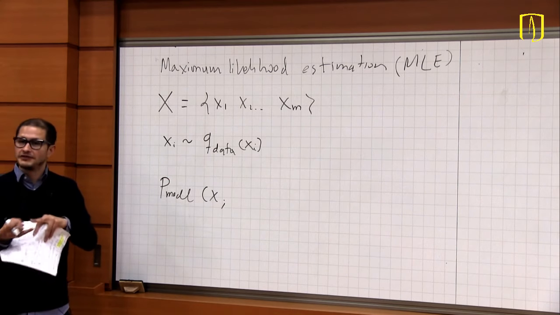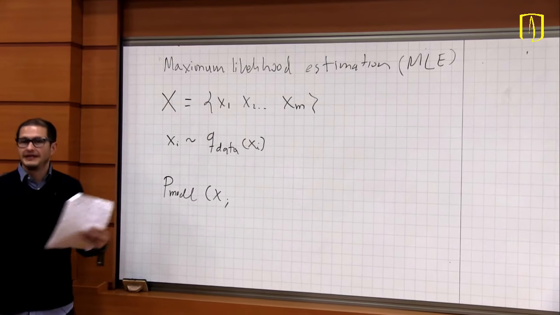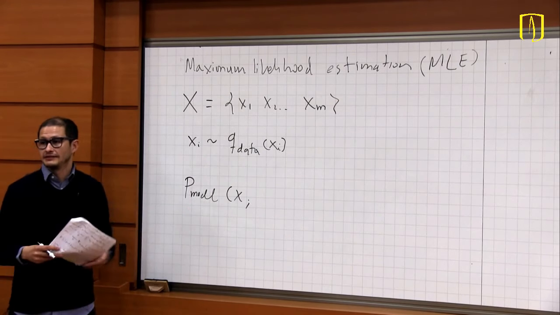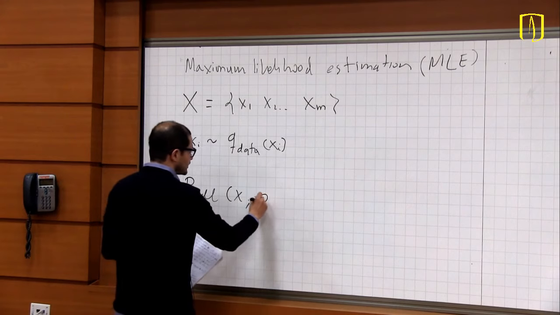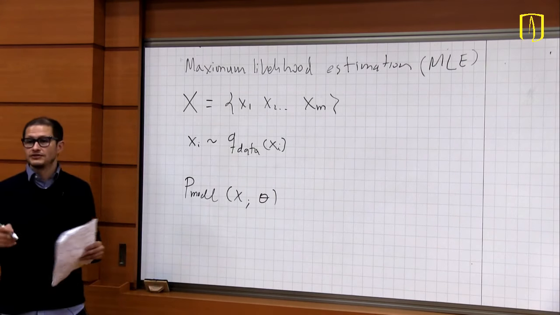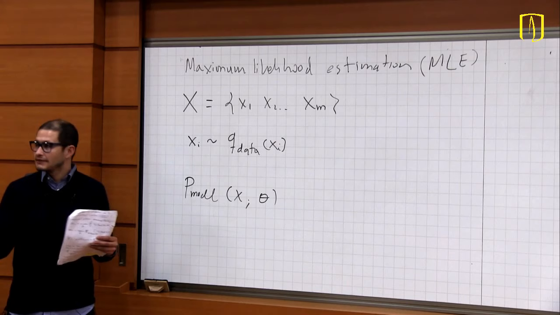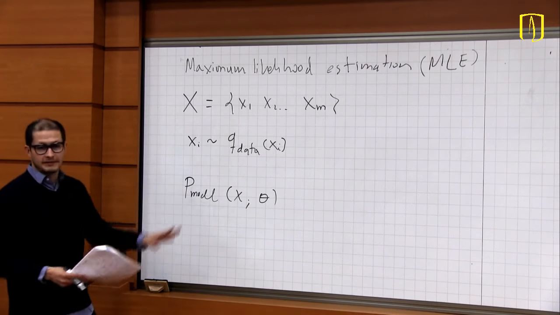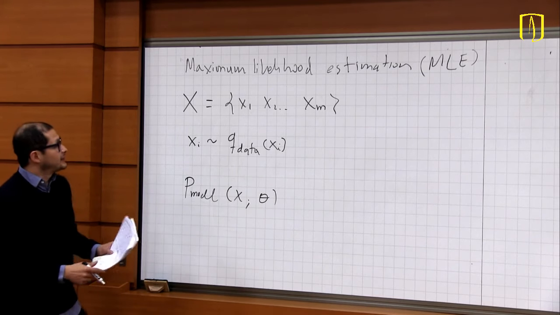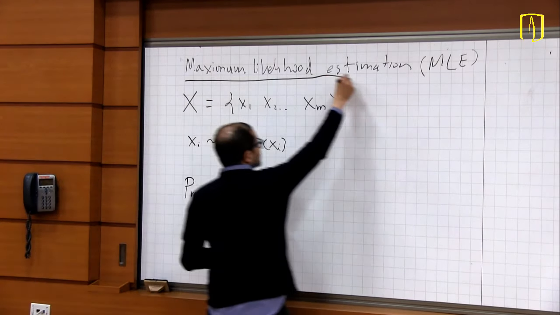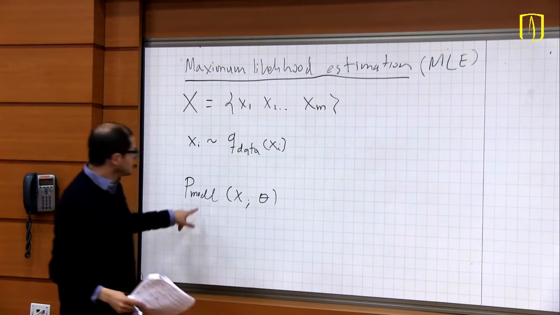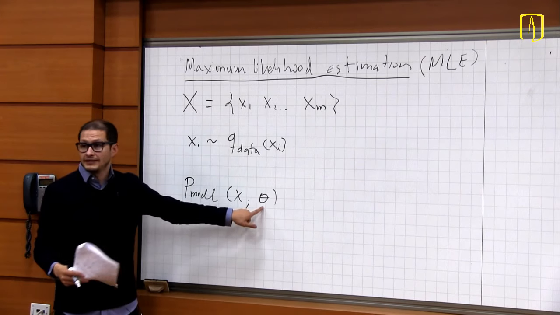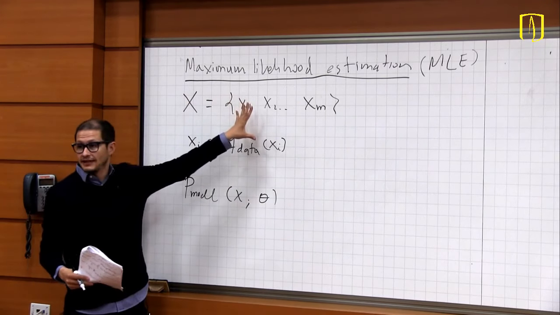Like your favorite neural net, or any function that correctly parameterizes a probability distribution. It can be your neural net or a simple Gaussian distribution with parameters mu and sigma and so on. So that's my model distribution, and the purpose of maximum likelihood estimation is that we want to estimate theta. What is the best theta compatible with this data set that we have?